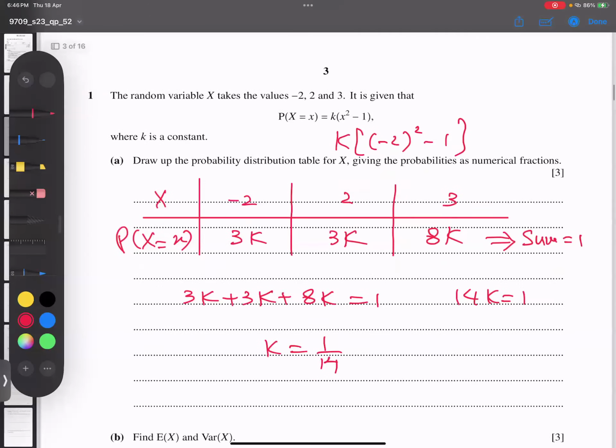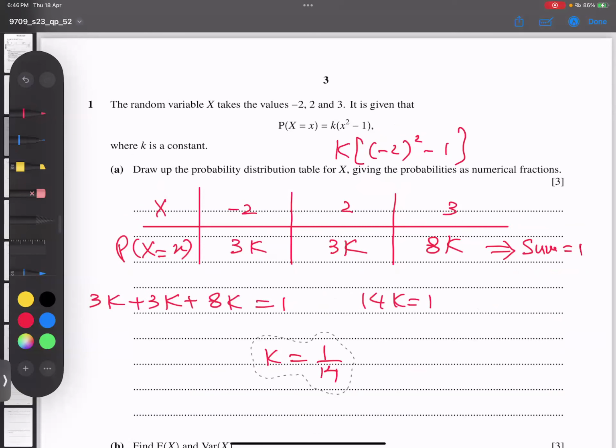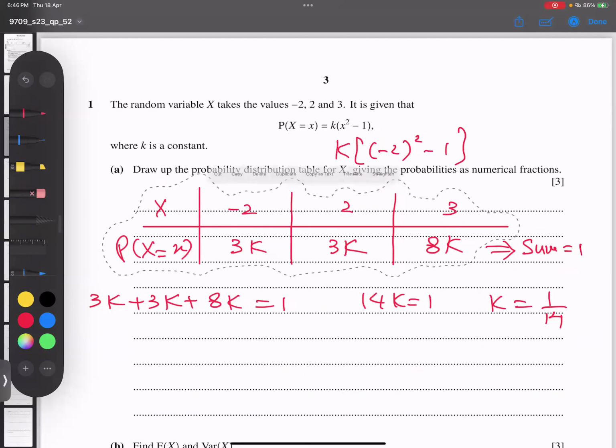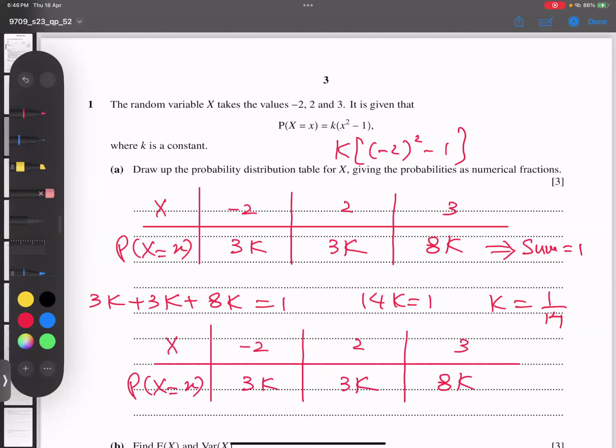He said we have to give the table. So we have to plug the k value back in. This whole table I will take again and paste here, and plug in the k values.